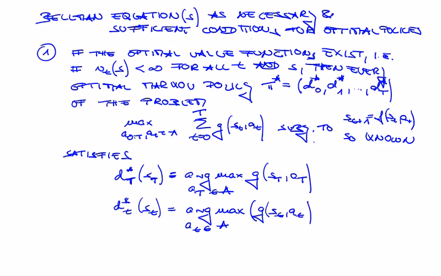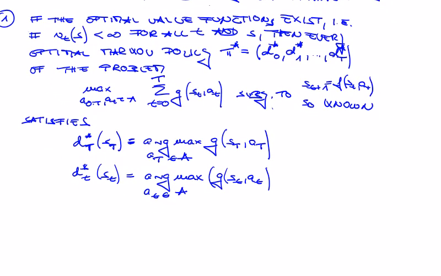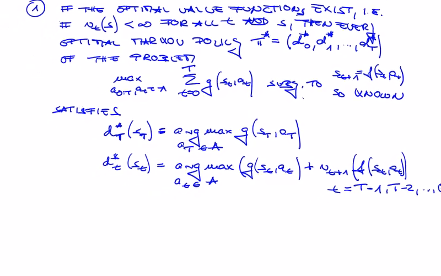So it's not some random stuff that I'm doing here. Plus V_{t+1}(f(s_t, a_t)), and this holds for T minus 1, T minus 2 down to 0.